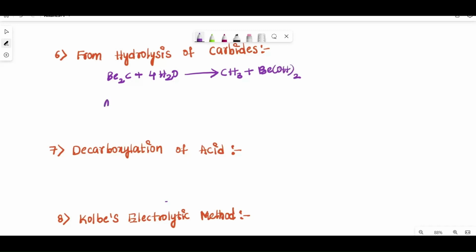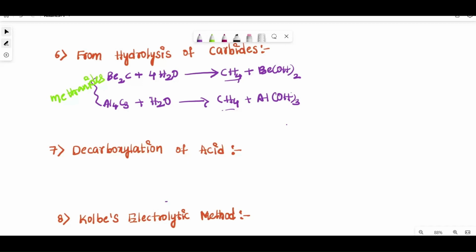And from Al4C3 also, if you add water, then you will get CH4 methane plus Al(OH) taken thrice. You will get alkanes from these two. These two are also called methanides because we are getting methane from them.